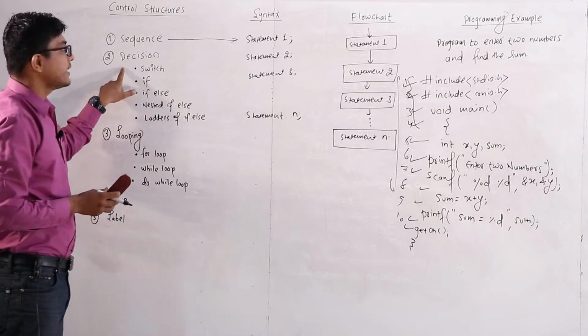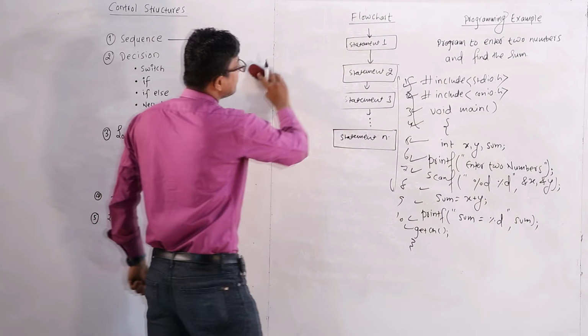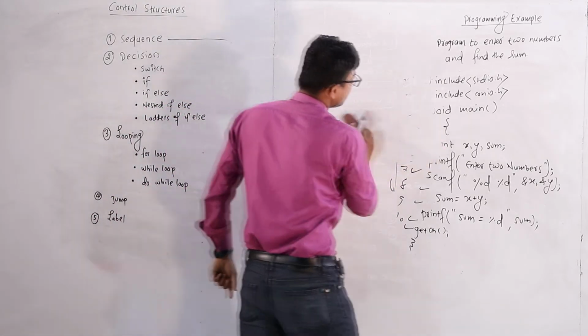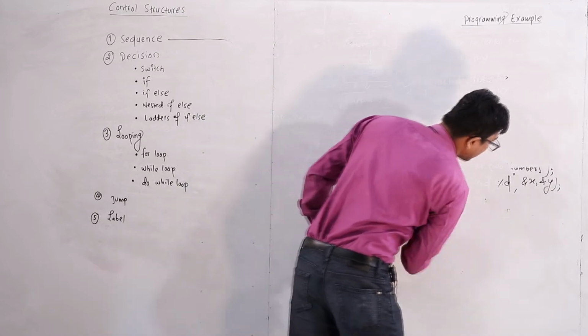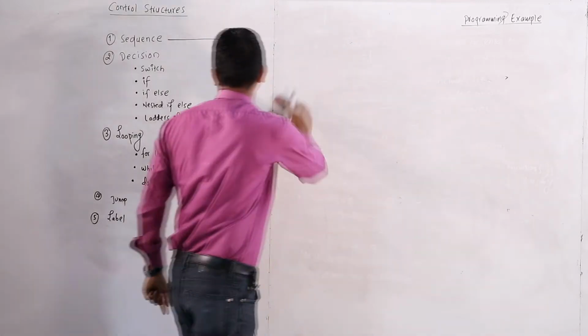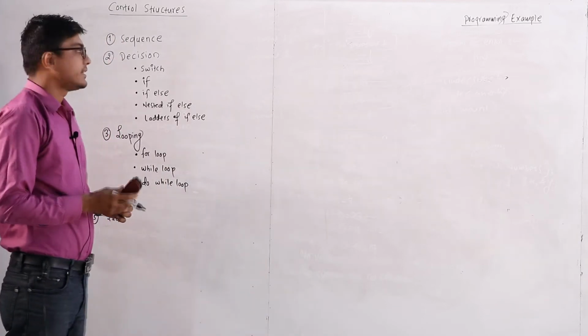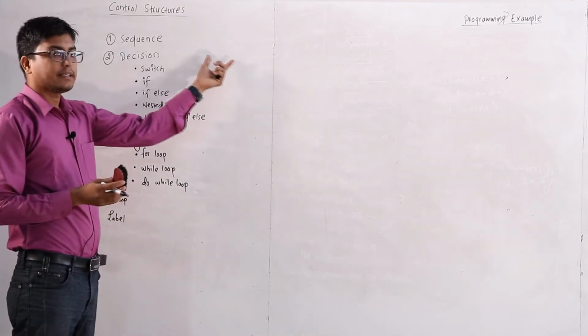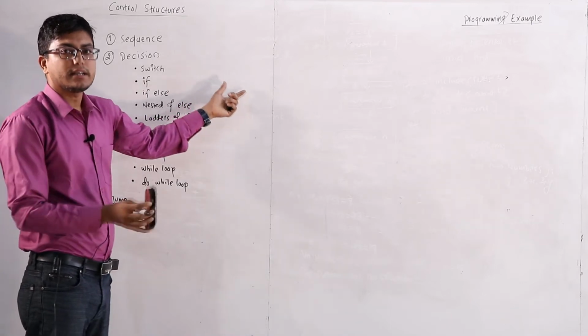Now let's go to the decision. What is decision? Decision means the instructions are executed depending upon a certain condition.